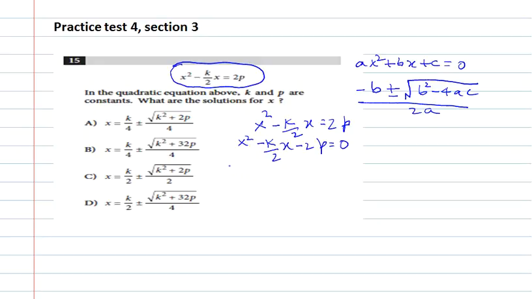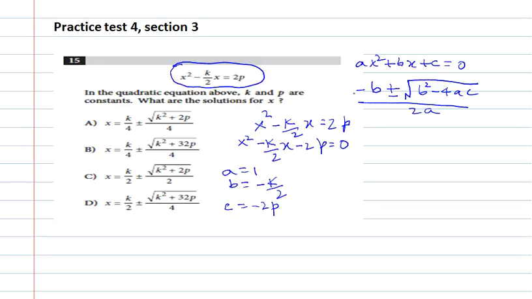So in this case, our a is equal to 1, that's the coefficient in front of x square, and b is equal to negative k over 2, and c is equal to minus 2p.